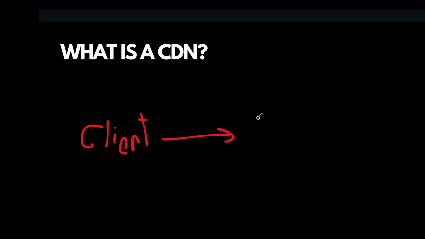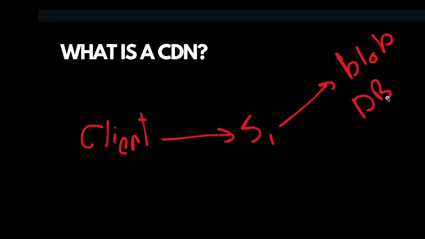So the client sends a request to the server, and the server will send a request to, let's say, a blob storage or maybe a normal DB to get the image, and it will be sent back to our server, and then back to our client. Everything looks good, everything works.